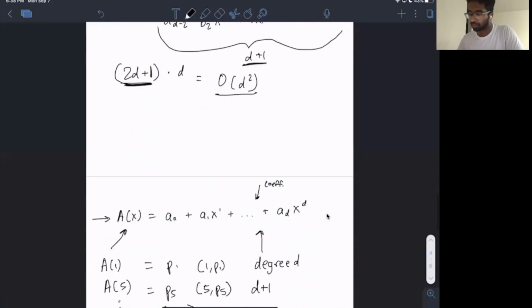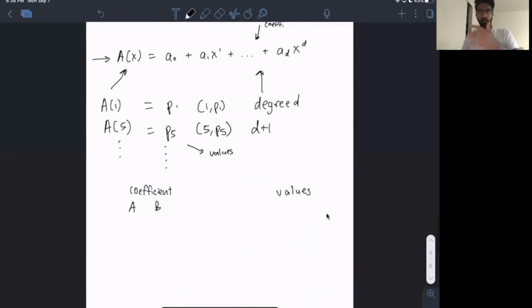Now one idea, which is explained in much more detail in the textbook, but just as an overview: we know that C, the product of these two, has degree 2D, which means if we have 2D plus 1 points of C, then we can recover what the actual polynomial C is. And how can we get 2D plus 1 values of C when we don't even know what C is?